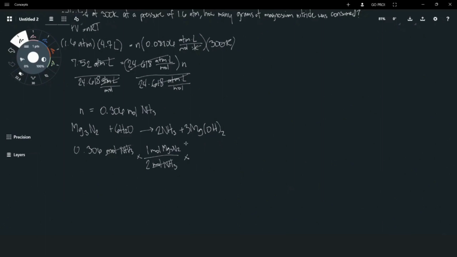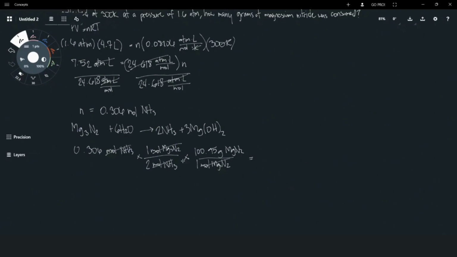Magnesium nitride has a molar mass of 100.95, so 1 mole of magnesium nitride is every 100.95 grams. Once again, you can cancel the unit.